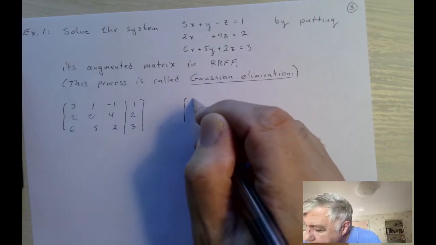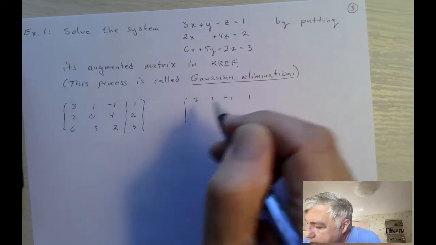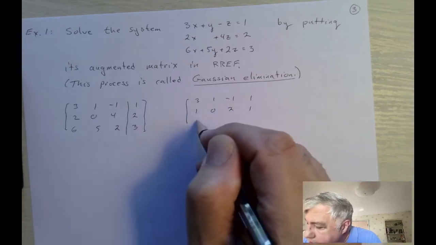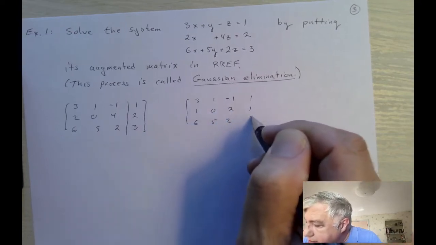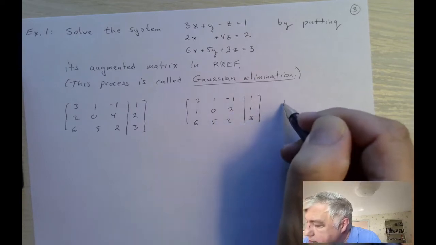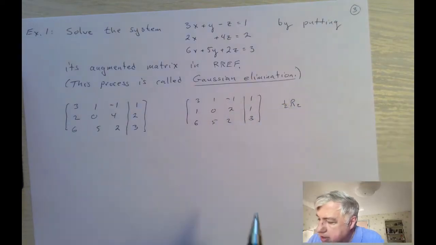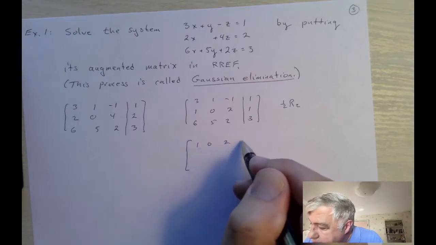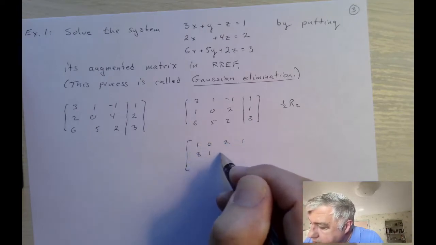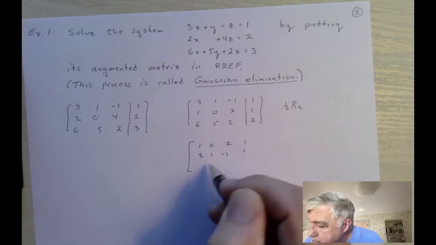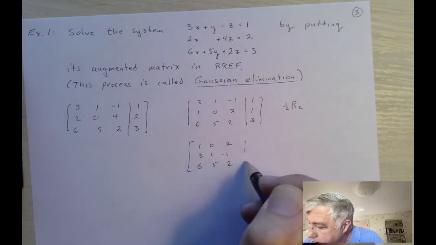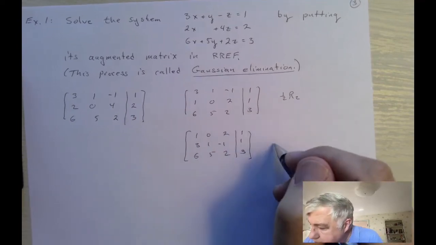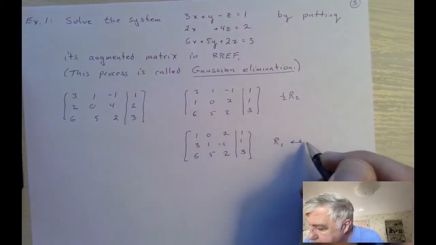So this is 3, 1, negative 1, 1, 1, 0, 2, 1, 6, 5, 2, 3. So that's 1/2 R2. And then we'll interchange the first and second row. So this was R1 interchanged with R2.